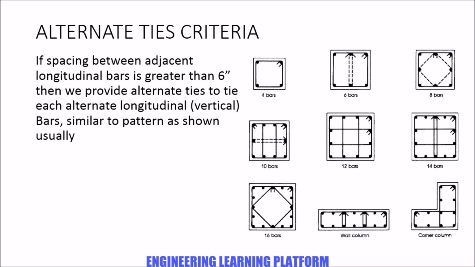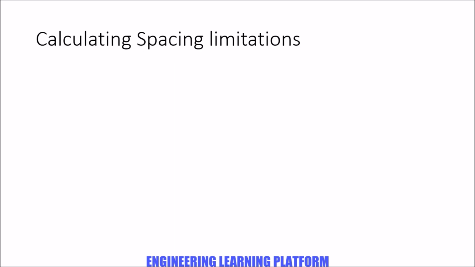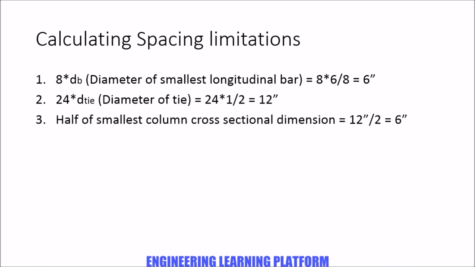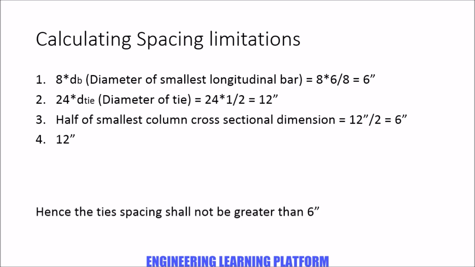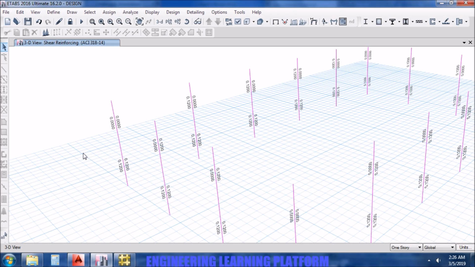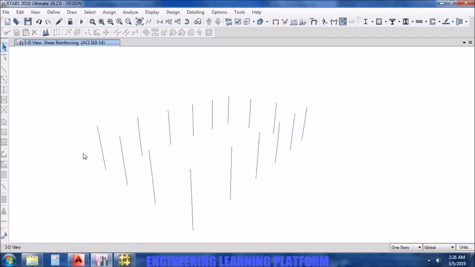But usually we provide a uniform spacing of the ties throughout the column, as the columns are very short and there is no need to calculate the extent of L0. 8 times the diameter of the smallest longitudinal bar gives us 6 inches, 24 times the diameter of the half inch bar gives us 12, and the smallest dimension divided by 2 gives us 6 inches. Hence the tie spacing shall not be more than 6 inches.